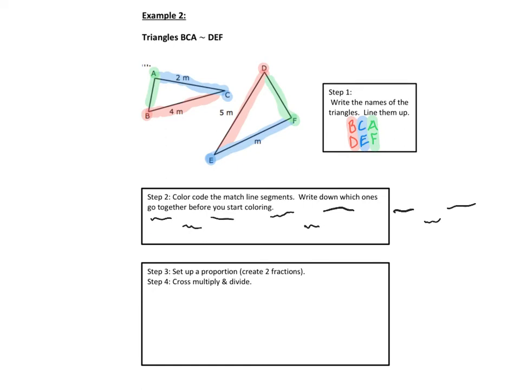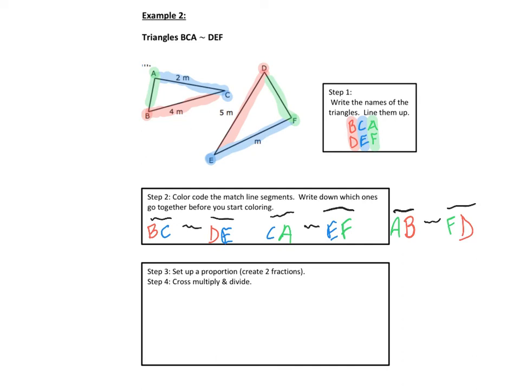We always start at the first letter, which was B. We went to blue next, which was C. So that's somewhere in the big triangle to D, E. Now into the second letter, C, A is similar to E, F. And the last one, A, all the way back to the first letter, B, is similar to F, D.